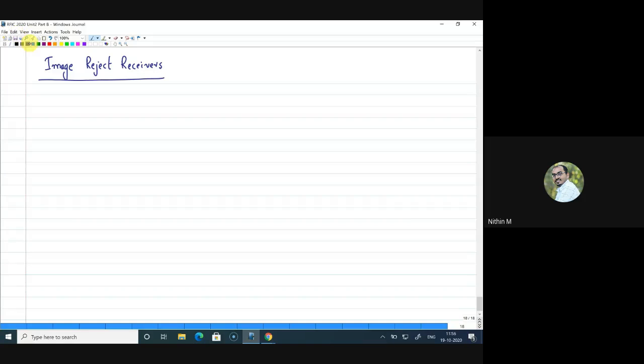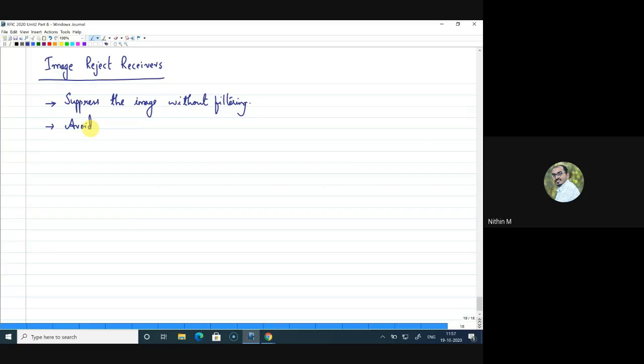So the idea of the image reject receiver is not to use filters to remove images, but rather to suppress the images itself, without filtering the images. That is the idea, thereby avoiding the trade-off.